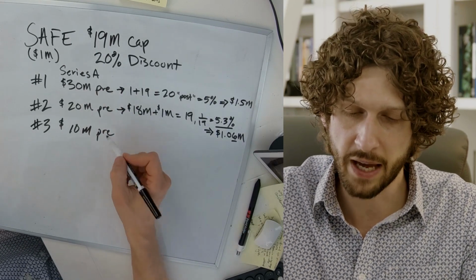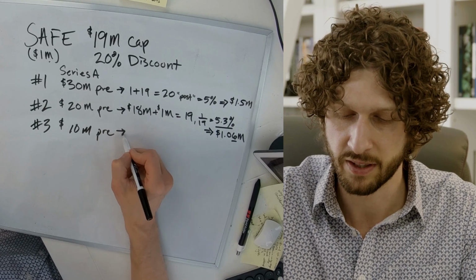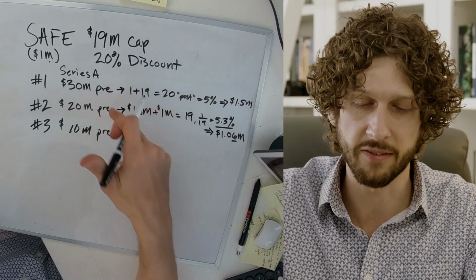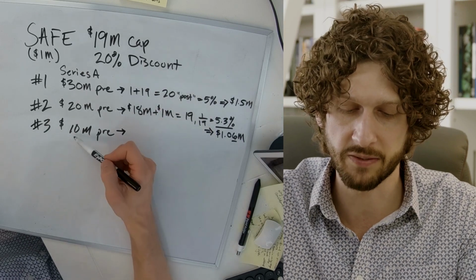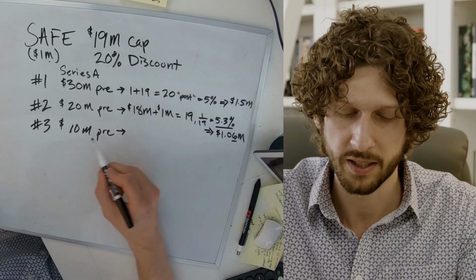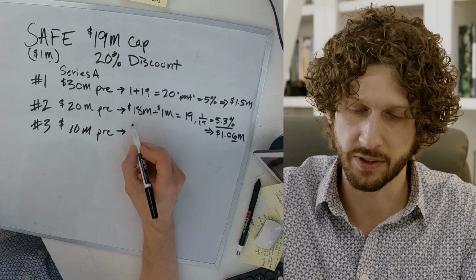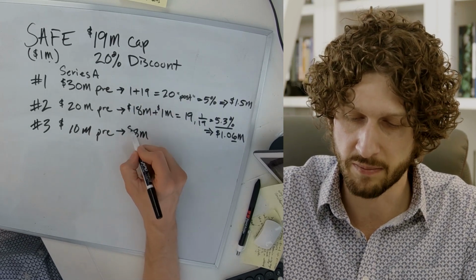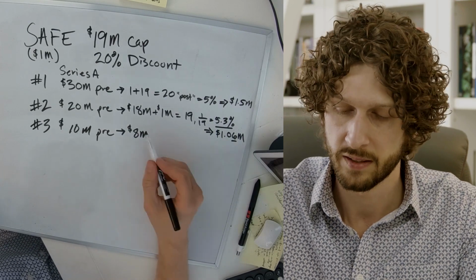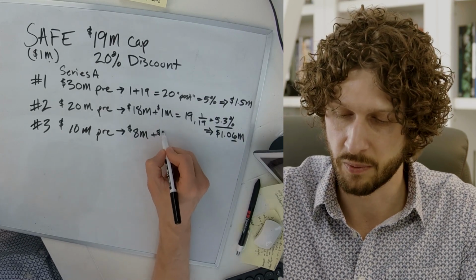Then it gets even better from a discount rate perspective, although really you would prefer to have a much higher valuation and hit your cap, but at least you want some sort of discount if the company comes in below the cap. So in this case, I'm going to convert at a 20% discount to this $10 million, or $8 million. So I do my 8 million plus 1 million.